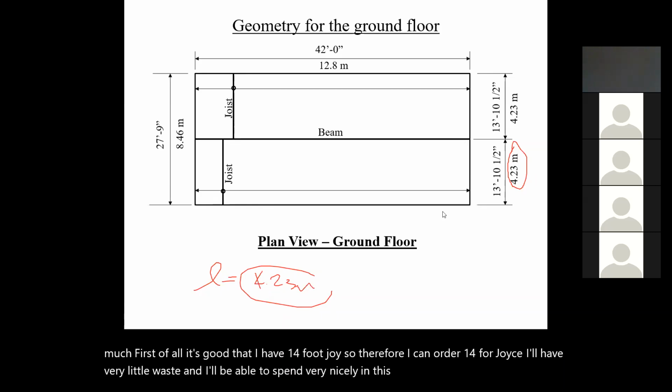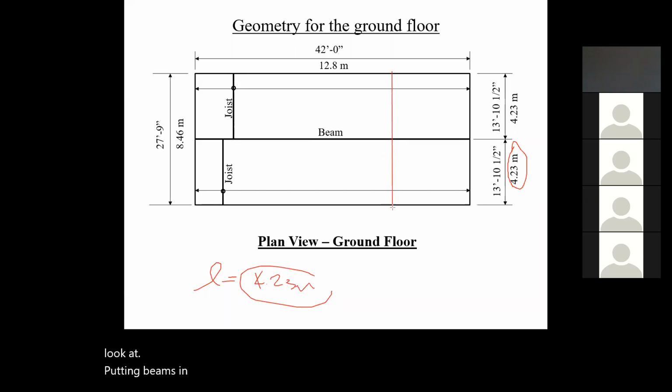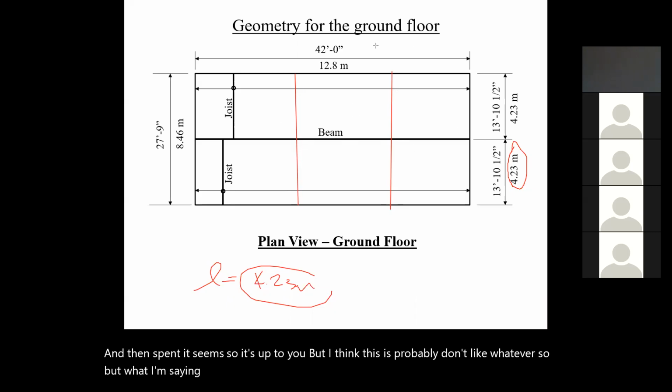Now, if for whatever reason you wanted to, you can also look at putting beams in this direction and then span it. So it's up to you. But what I'm saying is that the first thing you have to do is work out some kind of geometry so that you can start clear.